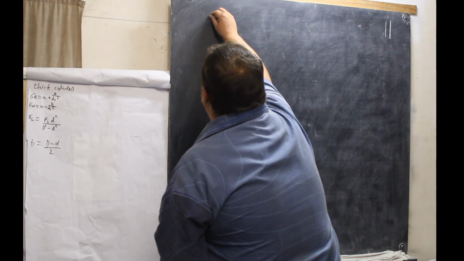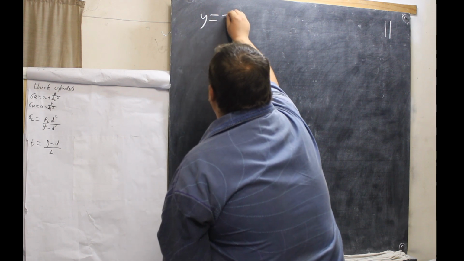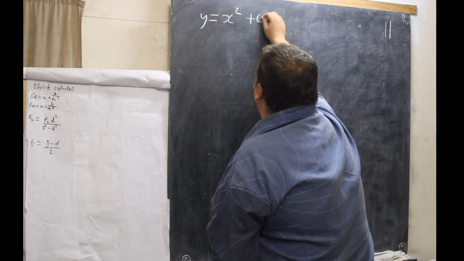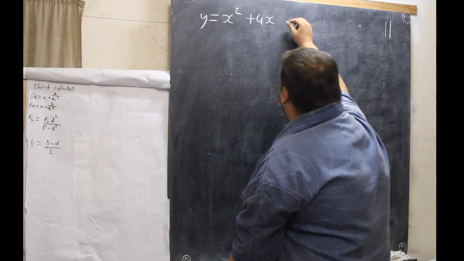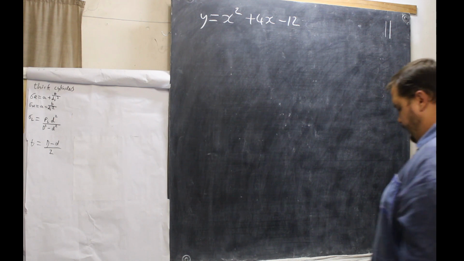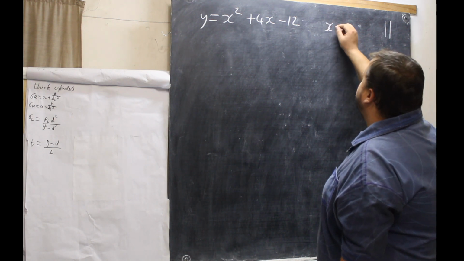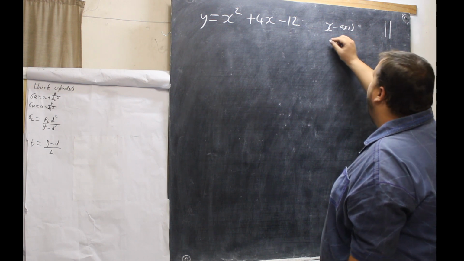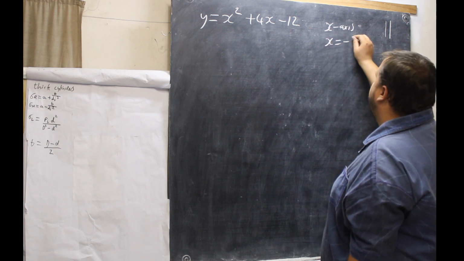So y is equal to x squared plus 4x minus 12. Okay, and our limits are the x-axis, and x is equal to minus 8.